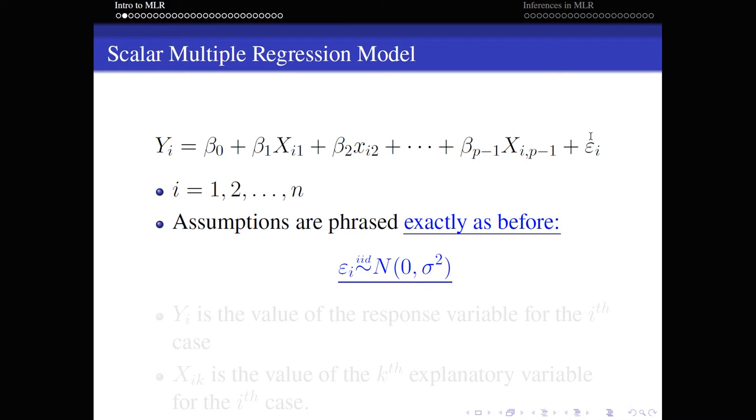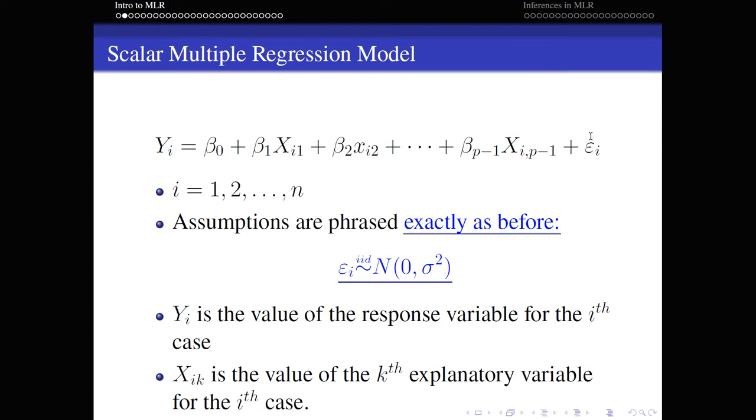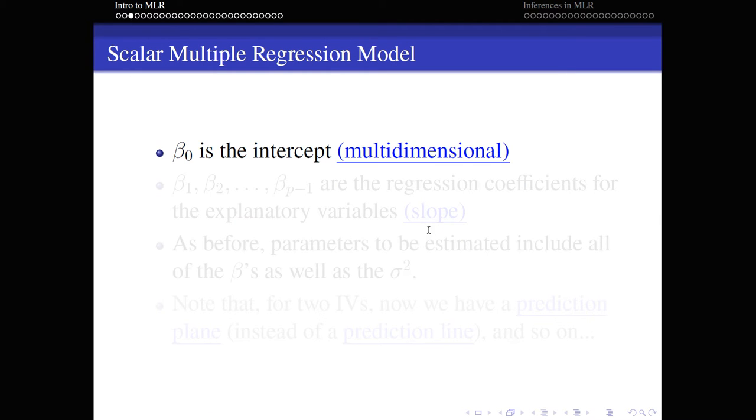We'll talk about them in a second, with the errors being independent and identically distributed as a normal with a mean of 0 and constant variance of sigma squared. The y sub i is still the value of the responses, and the x sub ik is the value of the kth explanatory variable for the ith case. And again, depending on which notation you see, sometimes these are switched around, but in this class we'll tend to try to use that particular notation.